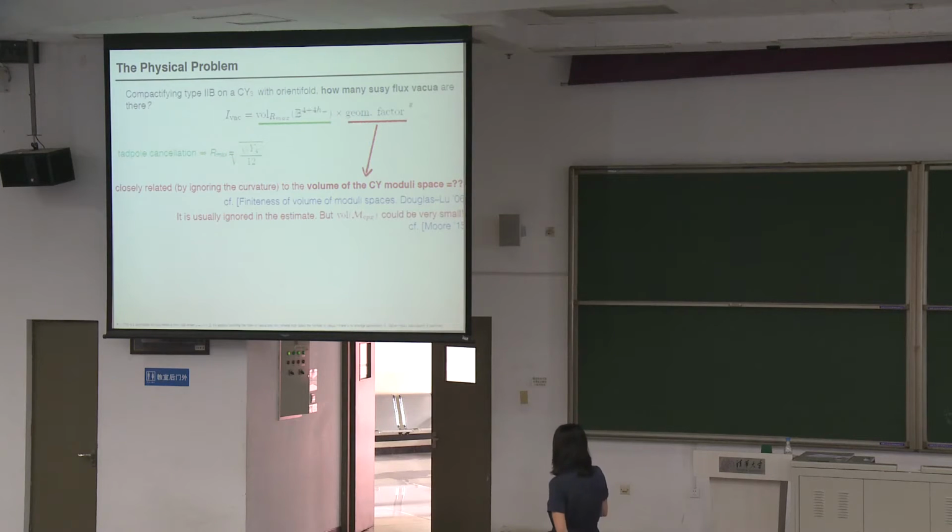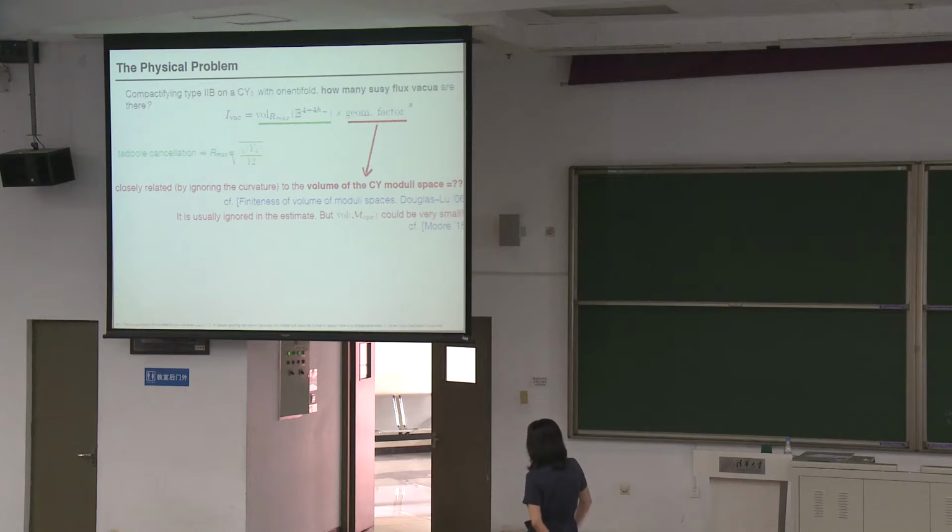The first factor is nothing but the volume of a ball in the flux space. So it's just counting the lattice points in a ball. And the maximal allowed number of fluxes is given by the tadpole cancellation in terms of the Euler character of the fourfold in the orientifold picture.